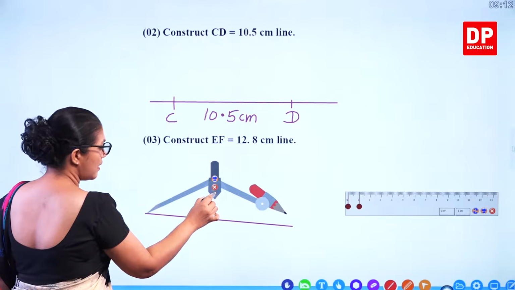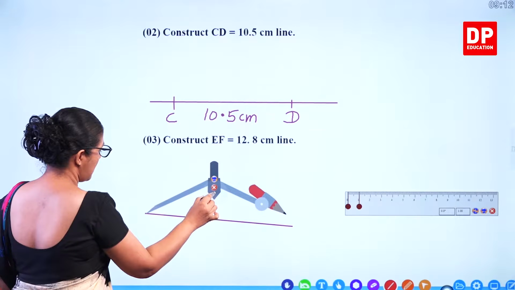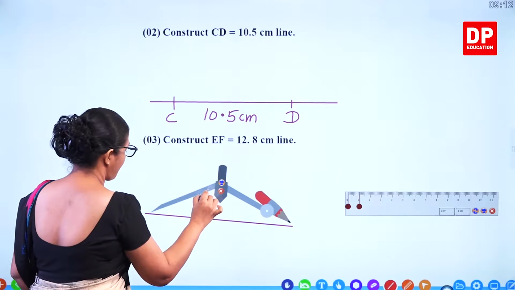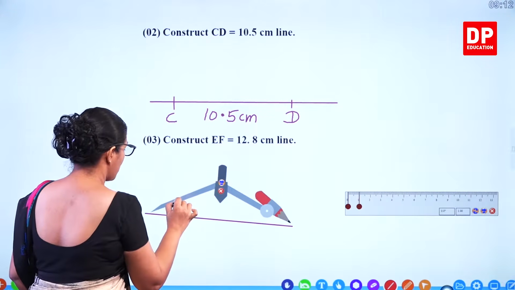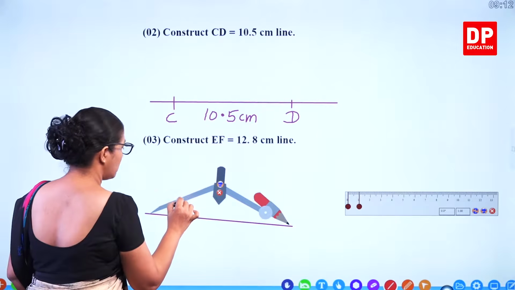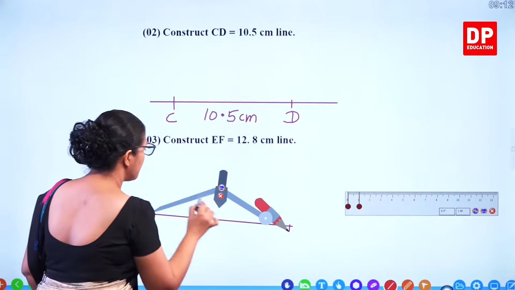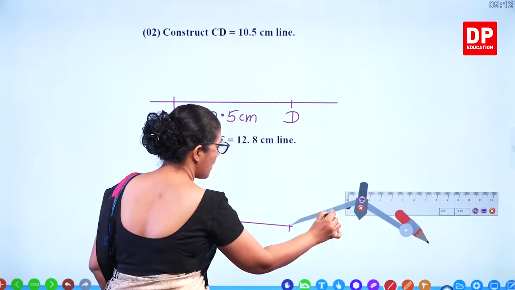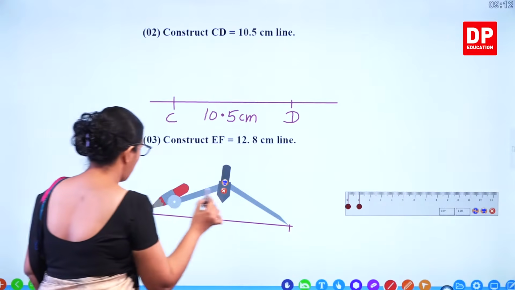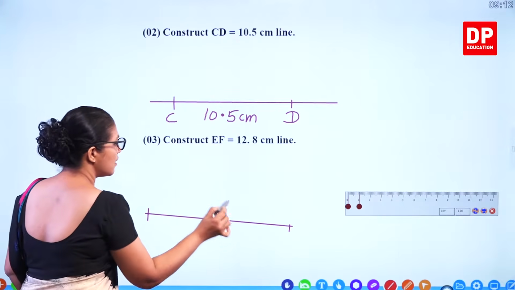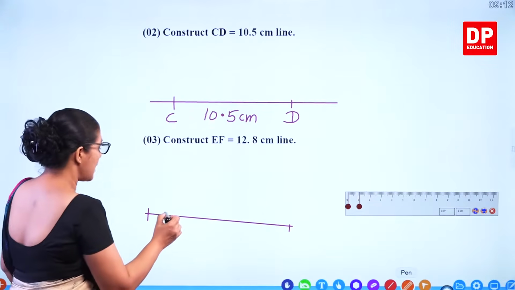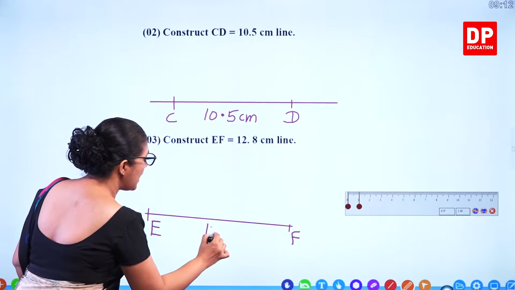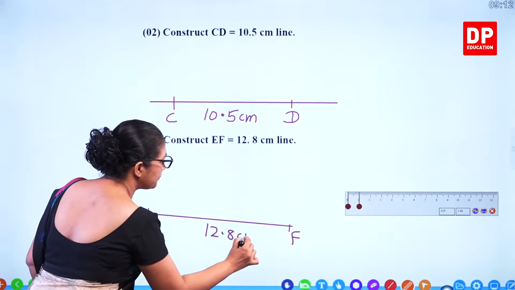Here, I'll take it here and see. Yeah, it's possible. So you can mark the arc here and then keep on top of the other point and draw the other arc. So this is EF line segment with 12.8 centimeters.